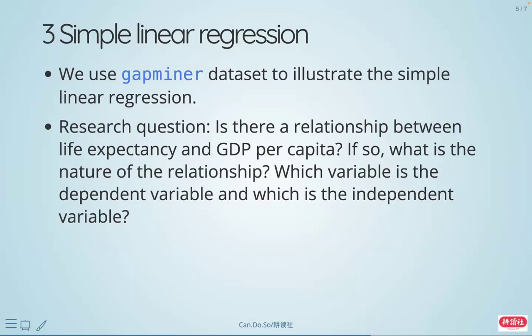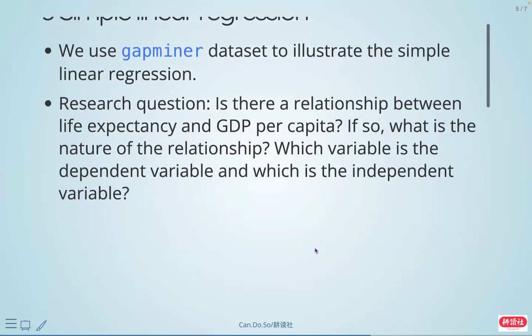I'd say yes, because as the GDP per capita increases, the well-being will be better, so people can have a better life and more healthcare, so that will improve the life expectancy.